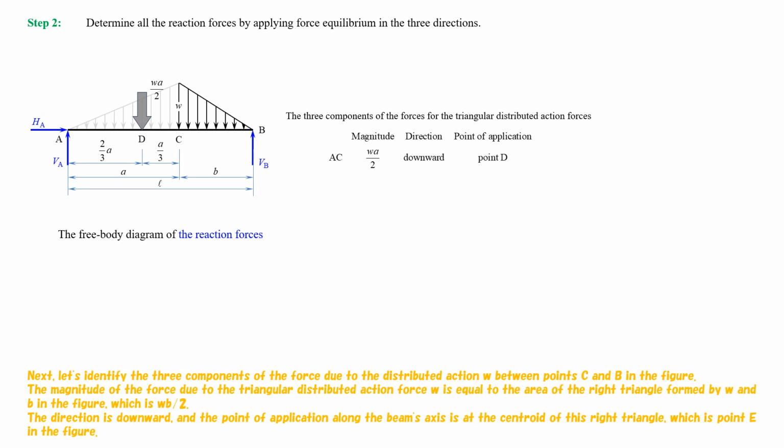Next, let's identify the three components of the force due to the distributed action W between points C and B in the figure. The magnitude of the force due to the triangular distributed action force W is equal to the area of the right triangle formed by W and B in the figure, which is W multiplied by B divided by 2.